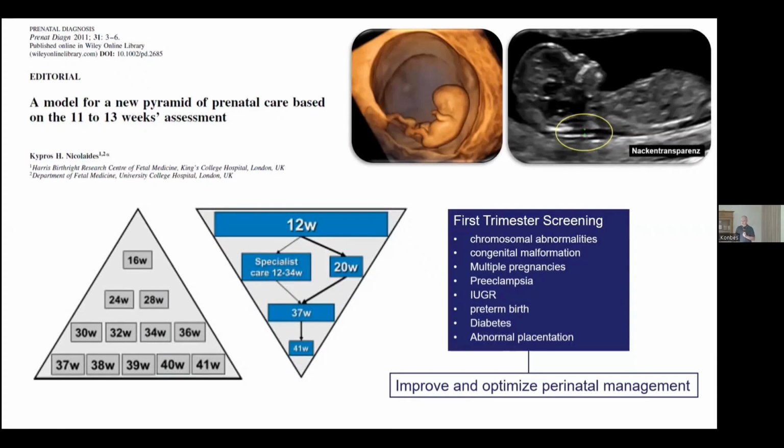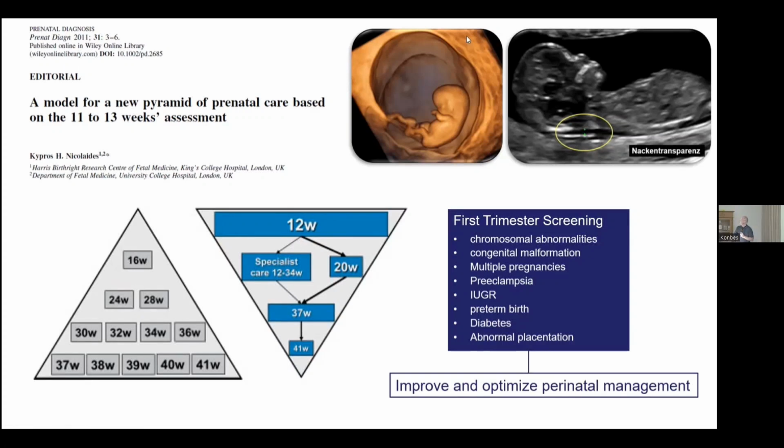So he started the concept of a very detailed analysis between 11 and 13 weeks of gestation, looking at first for chromosomal abnormalities, structural malformations, multiple pregnancies, early detection of preeclampsia, IUGR, preterm birth risk, and diabetes, and also abnormal placentation, with the aim to improve and optimize perinatal management.